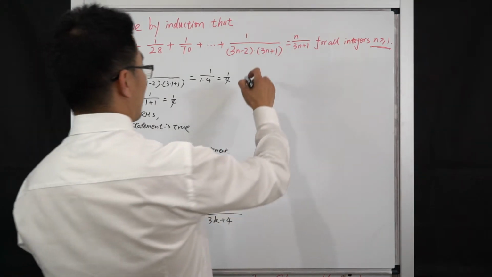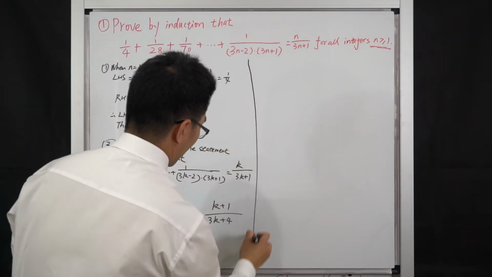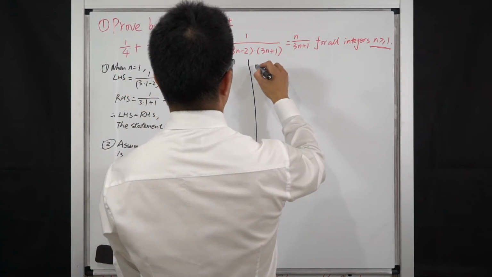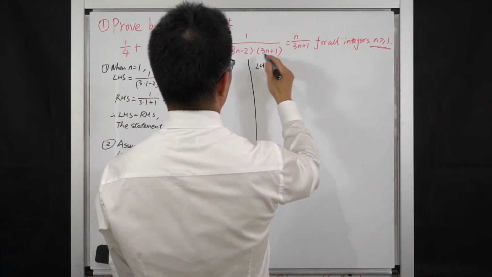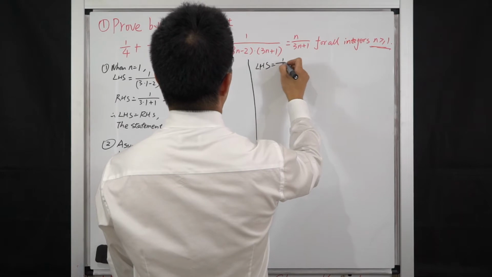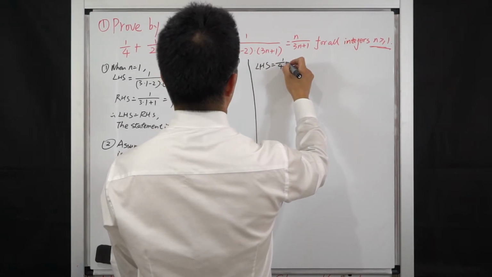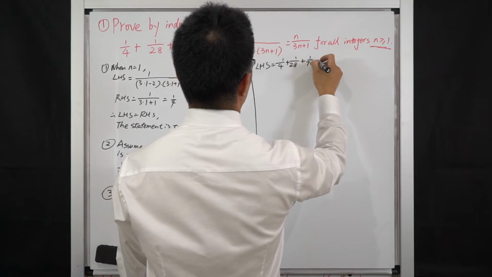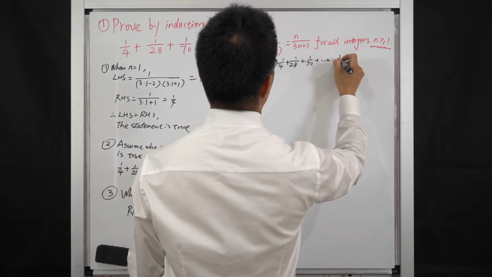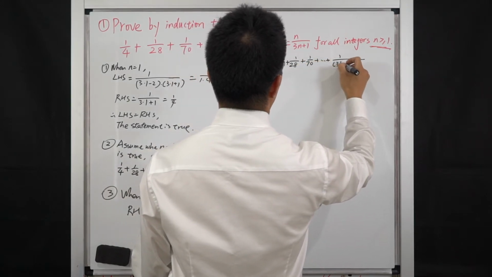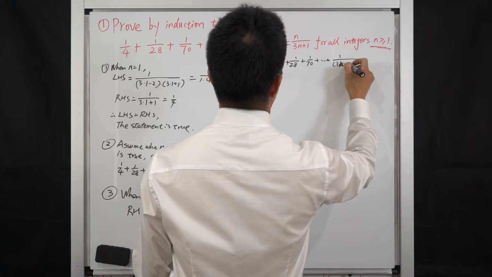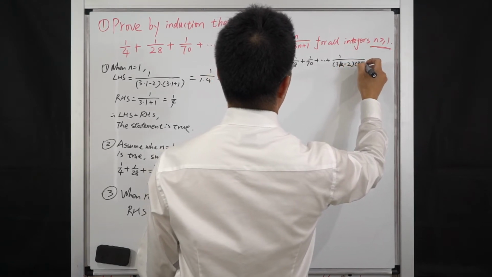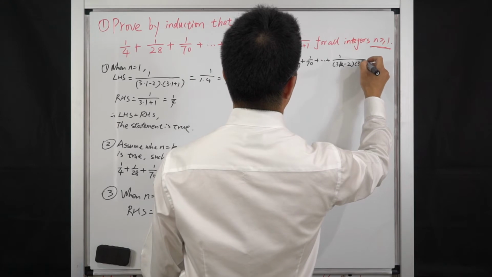Okay, let's have a look at the left-hand side. Left-hand side equal to 1 over 4, plus 1 over 28, plus 1 over 70, plus and so on, to 1 over 3k minus 2 times 3k plus 1.